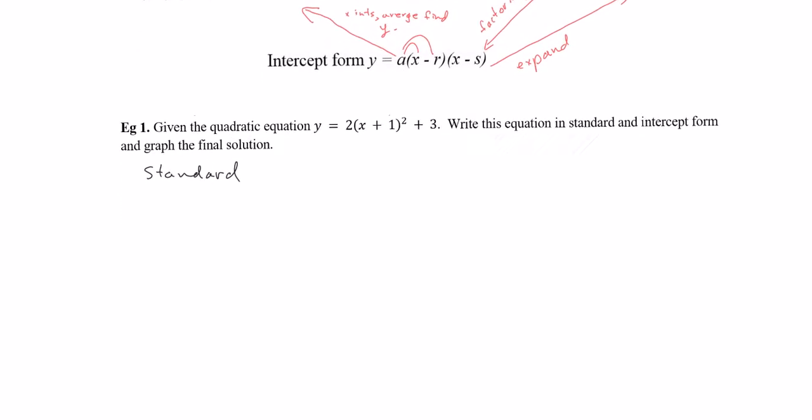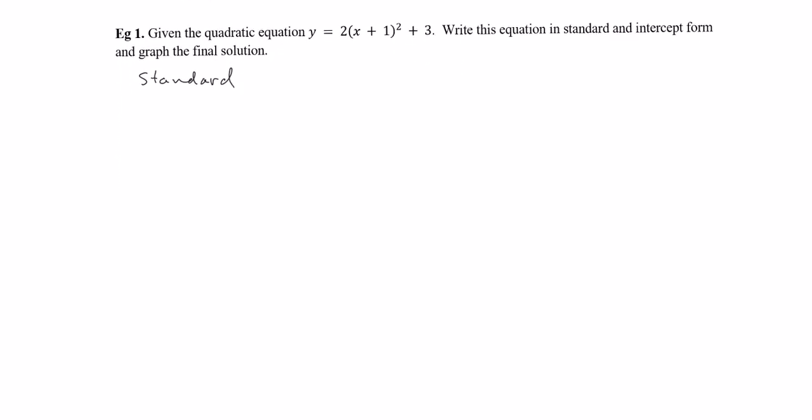Now let's get back to our calculations. Based on this, we're just going to quickly do our standard form. So we take our equation y equals 2(x plus 1) squared plus 3.